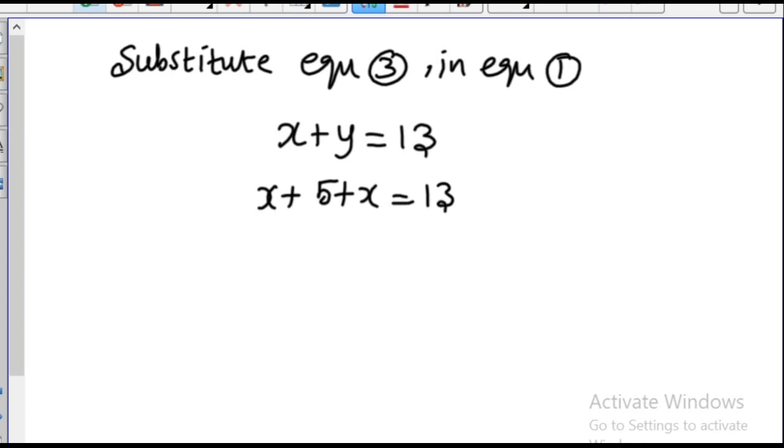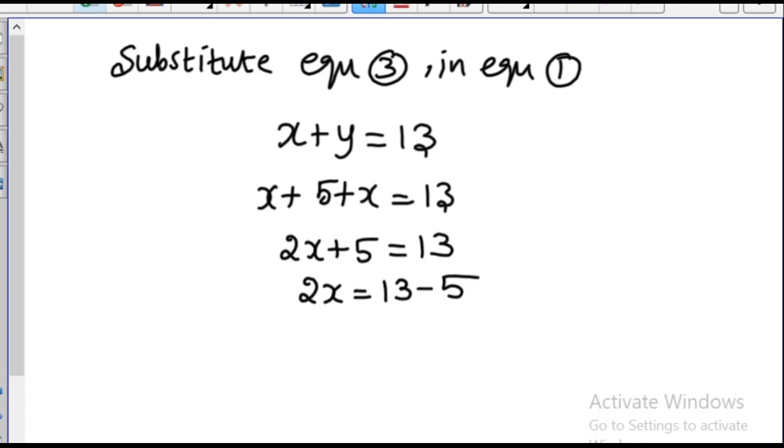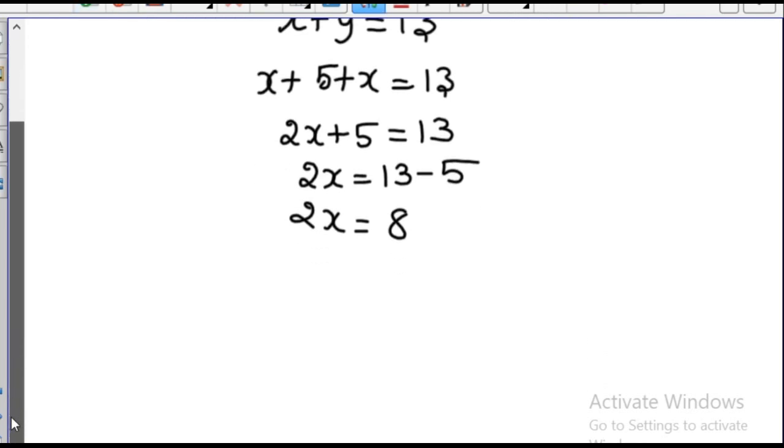So x plus 5 plus x is equal to 13. If you add, what do you get? 2x plus 5 is equal to 13. Therefore 2x is equal to 13 minus 5, which is 8. Then x is equal to 8 divided by 2, which gives 4.